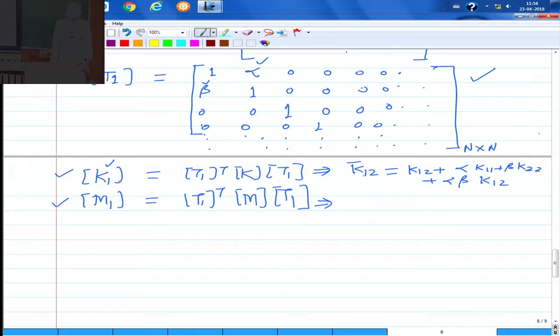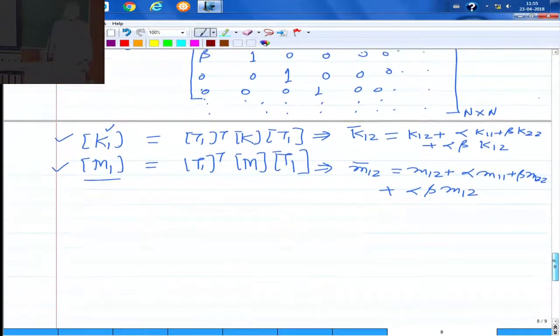Similarly here, because we want to make this 0, that is what I am writing. Once you get alpha and beta by making K12 bar equal to 0, you finally get this new matrix. Similarly, you will find M12 bar, that is the first row second column of this M1 matrix, the transformed mass matrix, would be M12 plus alpha times M11 plus beta times M22 plus alpha beta times M12.